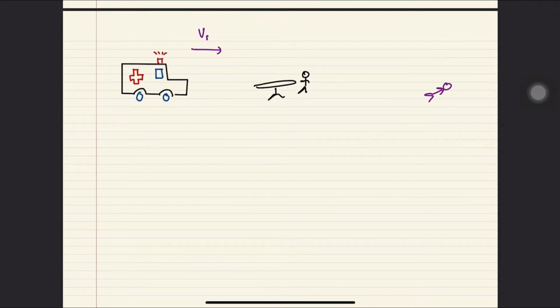As it comes closer, you hear the apparent frequency higher, so f_A is bigger than f.